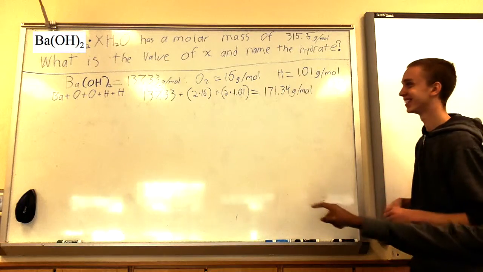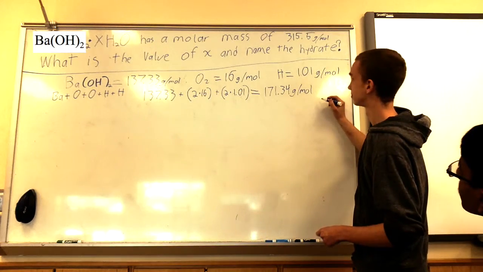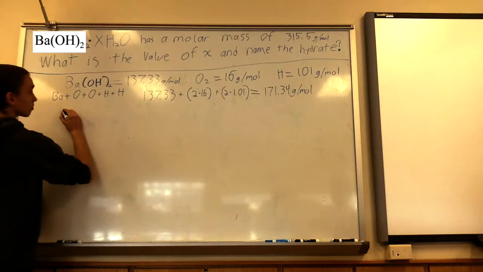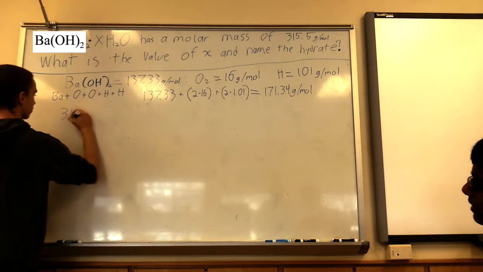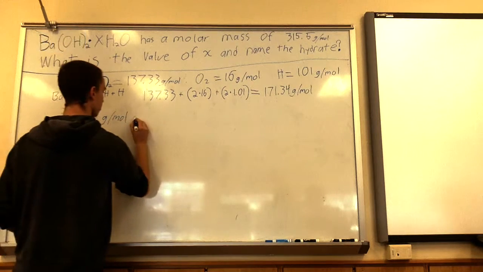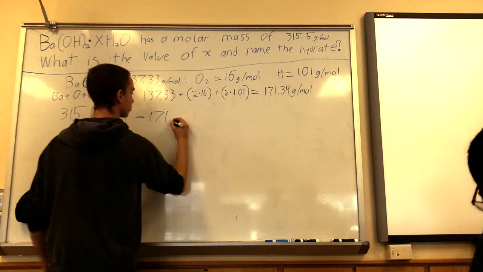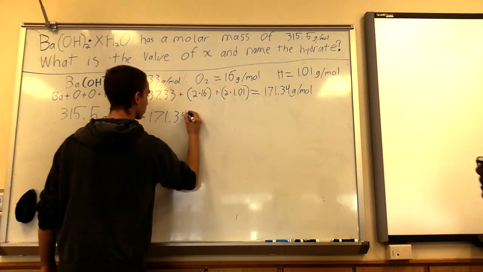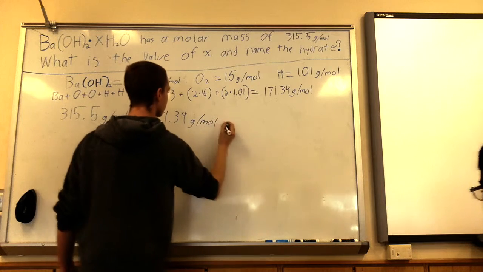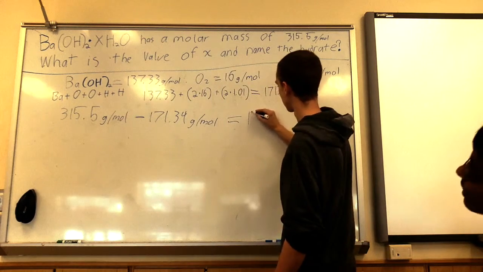So we subtract that mass from the total molar mass. So it'll be 315.5 grams per mole minus 171.34 grams per mole, and that will equal 144.16.